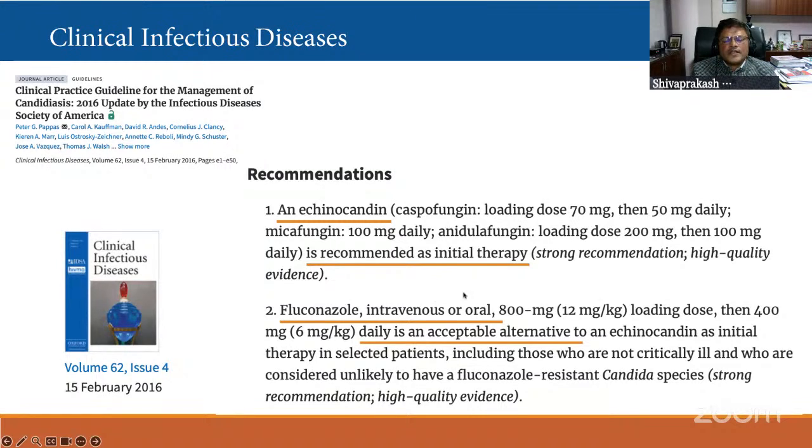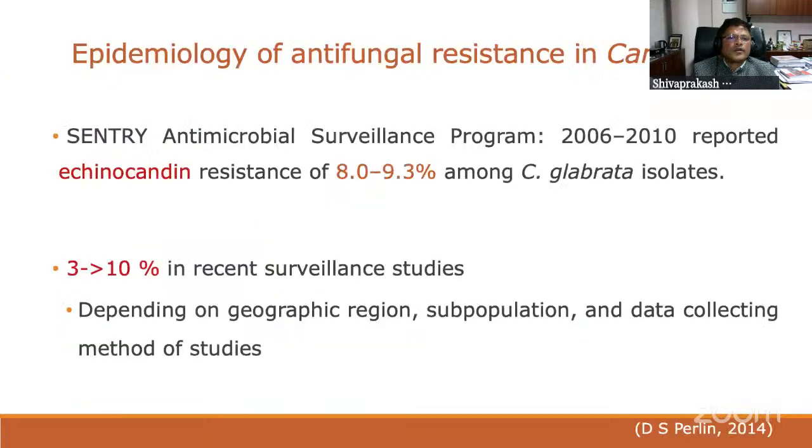But initially, if you want to save the patient with blood candidemia, the patient should be treated with an echinocandin. After doing susceptibility, if it is susceptible to fluconazole, you can de-escalate to fluconazole.